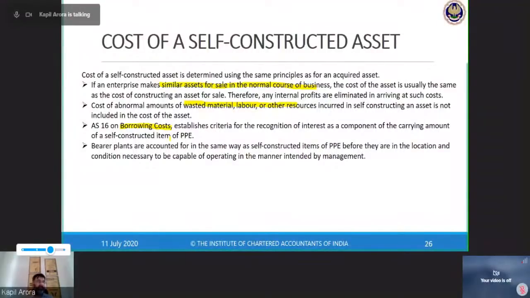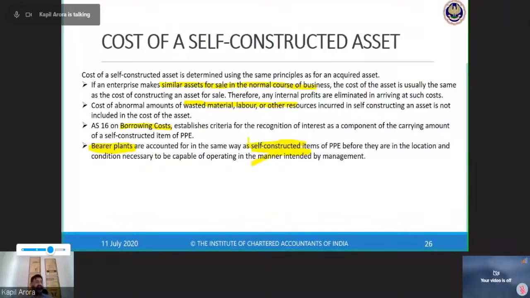And bearer plants, like mango trees, apple trees, all these bearer plants which we have grown, will be treated as self-constructed items.